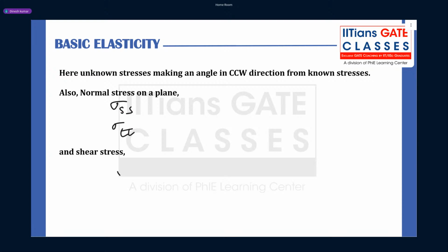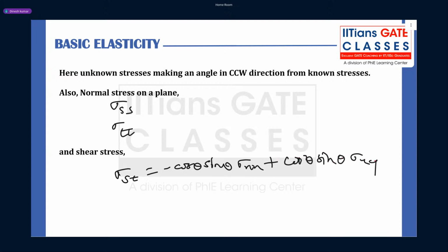Now what will be your sigma ST? Sigma ST is minus cos theta sin theta sigma XX plus cos theta sin theta sigma YY plus cos square theta minus sin square theta into sigma XY.